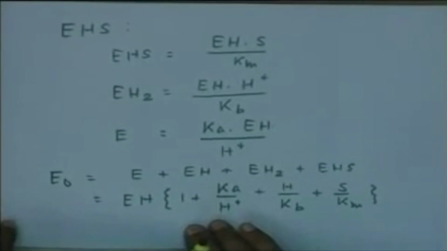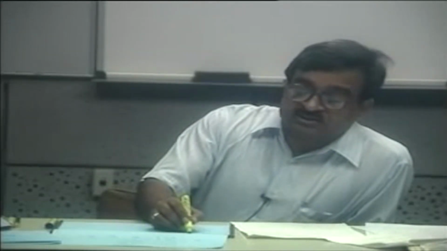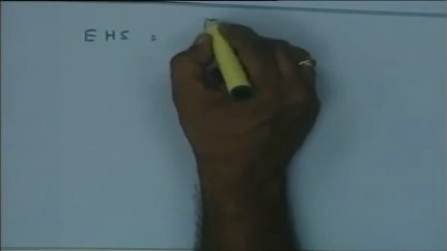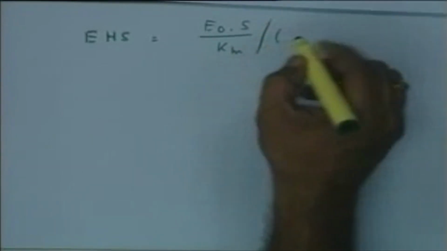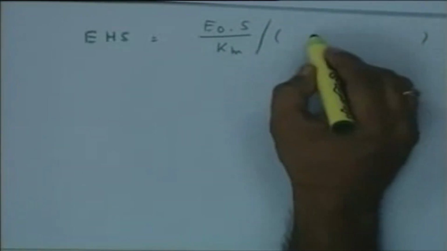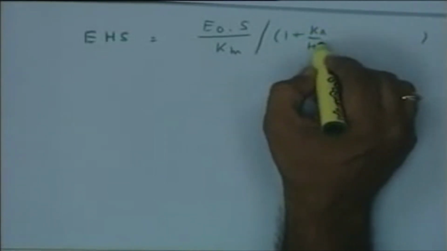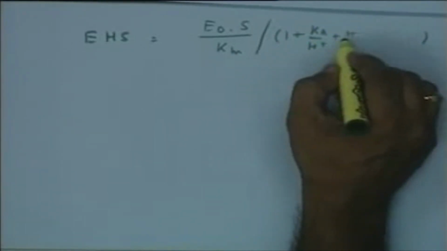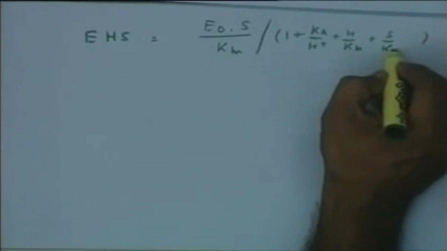Now, therefore, from this we can put the expression in terms of EHS. Your EHS will be your E naught into S upon Km, whole divided by the whole term in the parenthesis, that is 1 plus Ka upon H plus H upon Kb plus S upon Km.